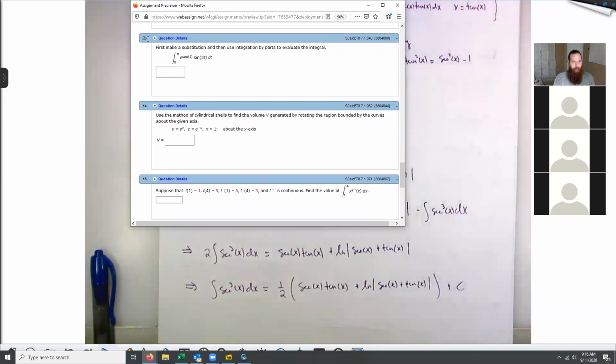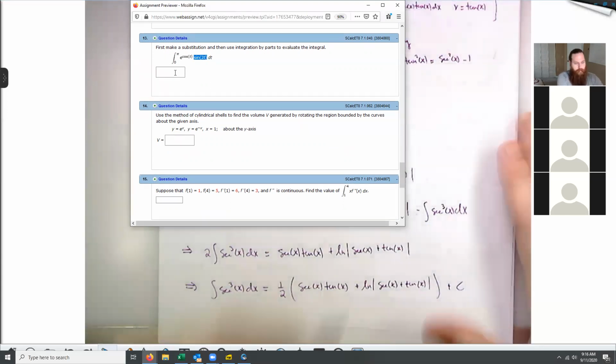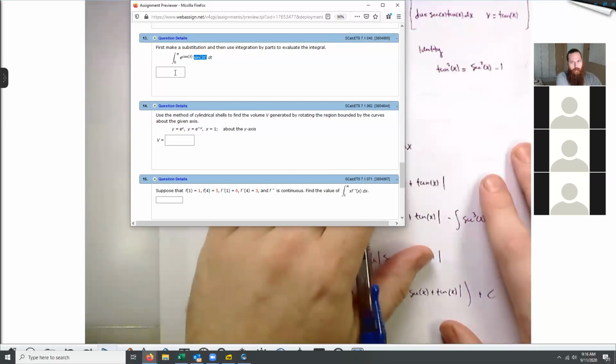So a quick comment on number 13. You need a trig identity here. Sine of 2t is 2 times the sine of t times the cos of t. So to make number 13 go, I would write this down. For number 13, you need the identity. I'll write it right here because we've already got the word identity.